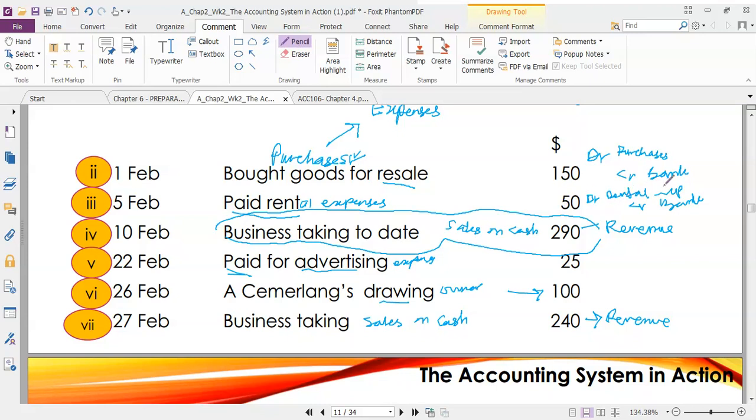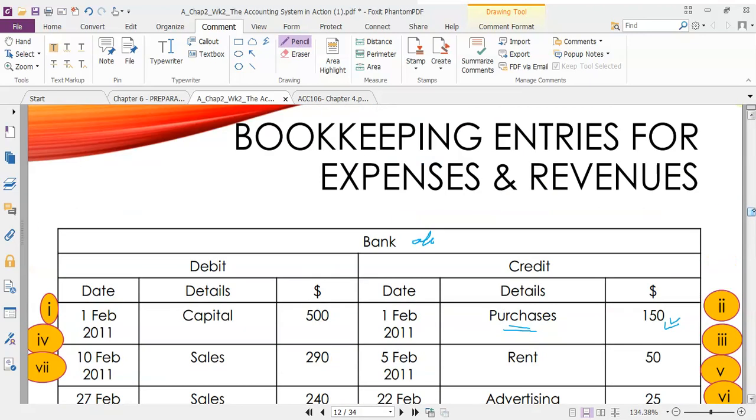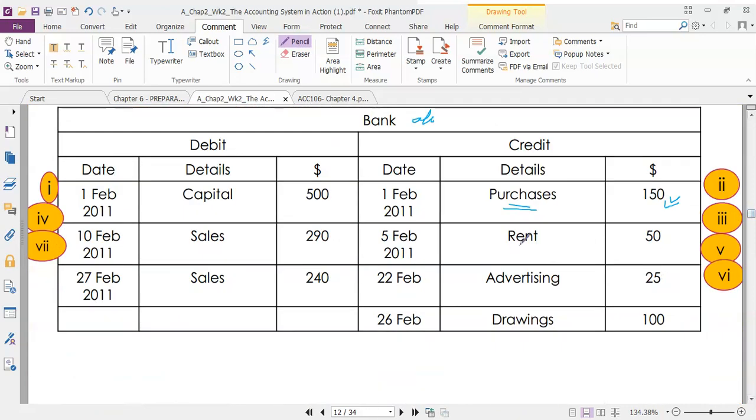So debit expenses rental, credit bank, because the transaction was paid by bank. That's why we must credit bank, because our money in the bank account is decreasing. We paid for rent.